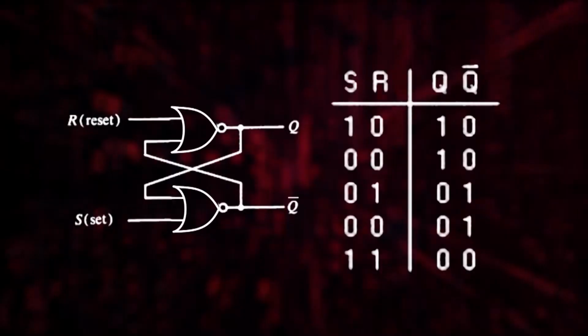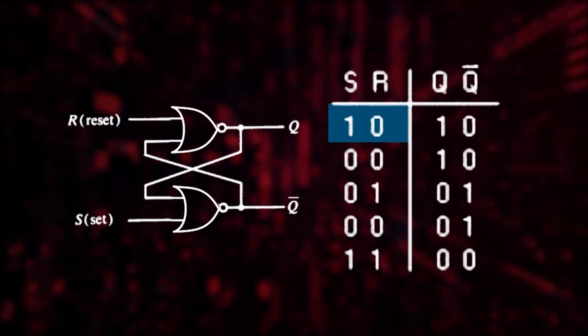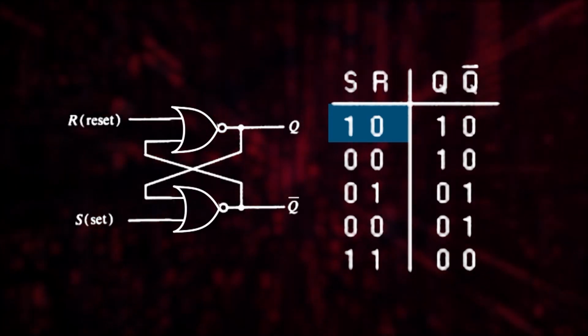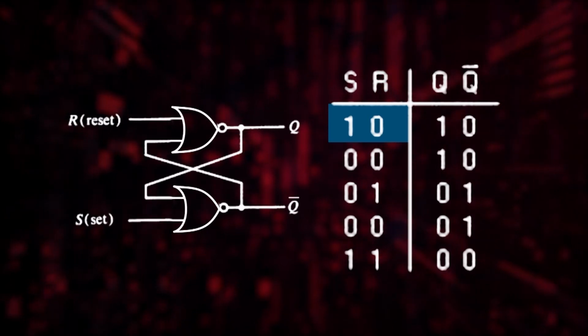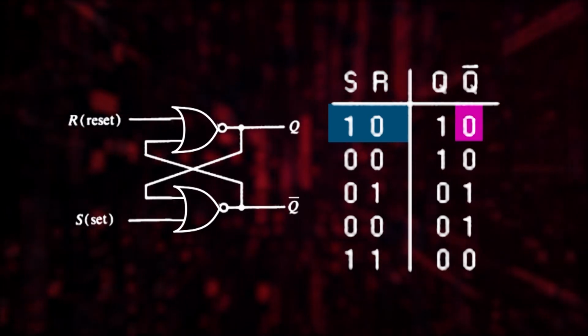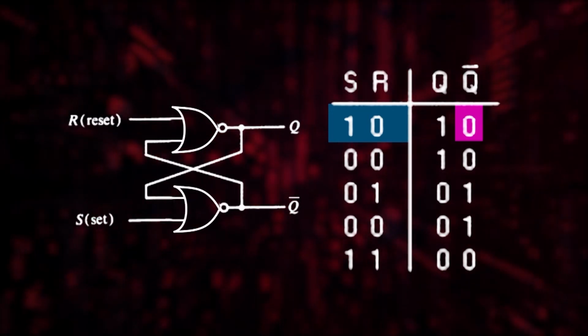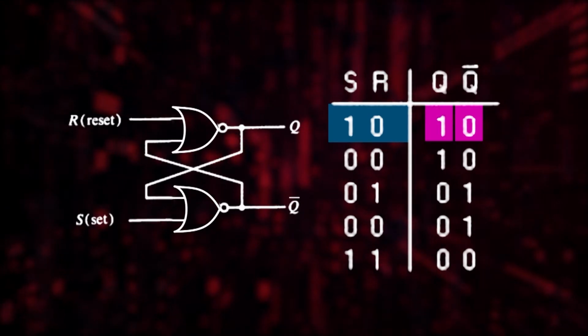To start with, let us assume that S equal to 1 and R equal to 0. If S equal to 1, then as per the truth table, the output of that NOR gate should be 0 and hence Q complement should be 0, and if Q complement is 0 and R, the external input, is already 0, then Q should be 1.